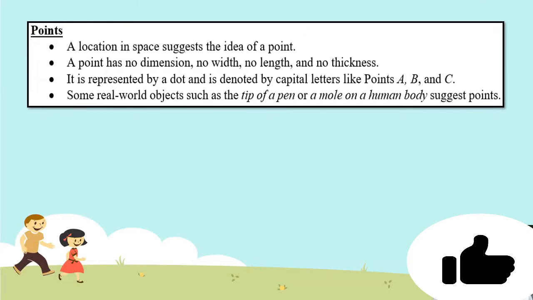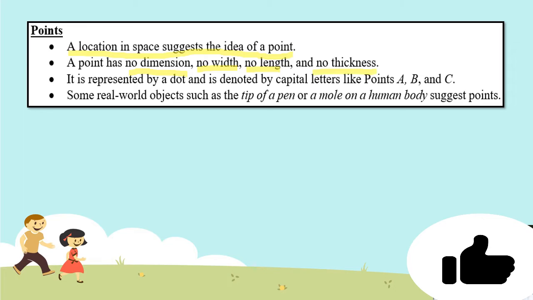When we say points, a location in space suggests the idea of a point. A point has no dimension: no width, no length, and no thickness.